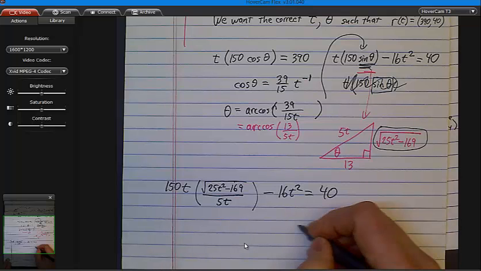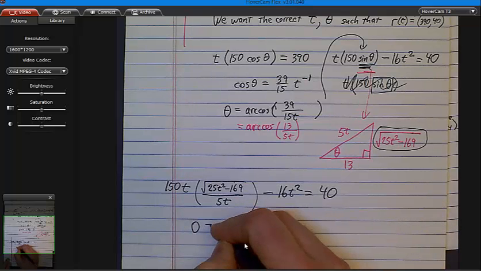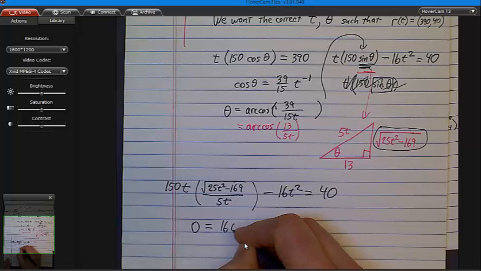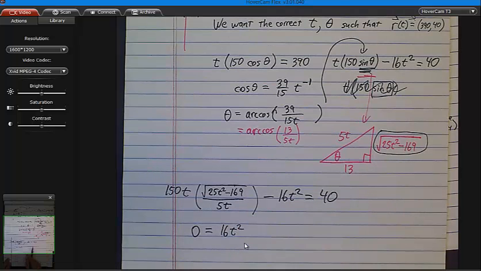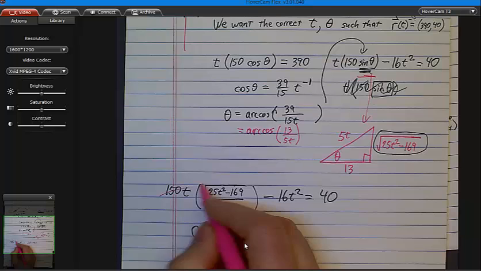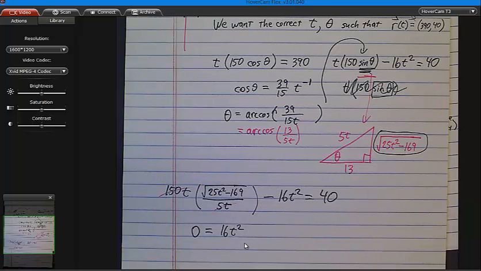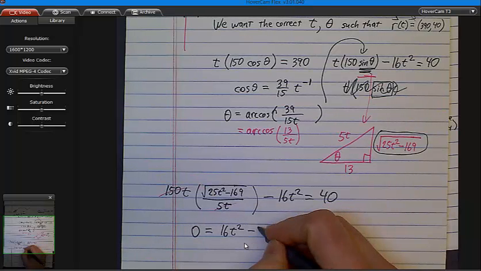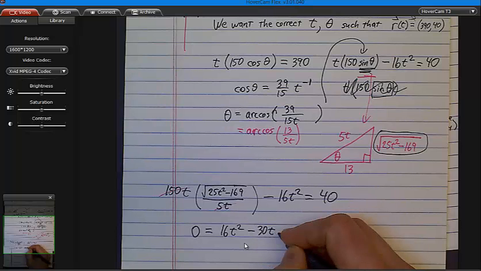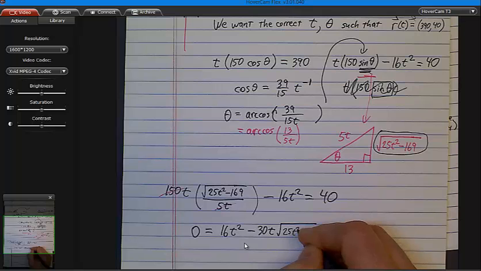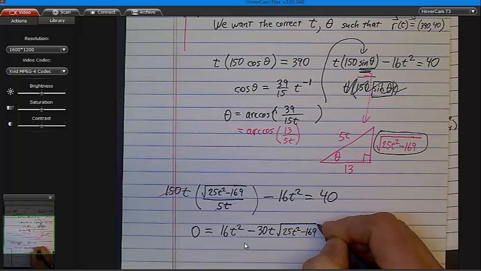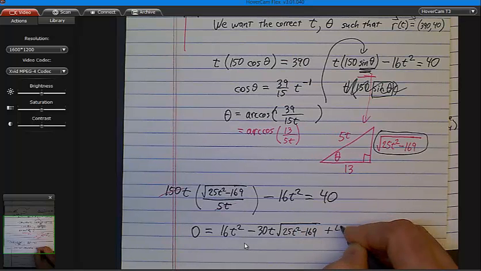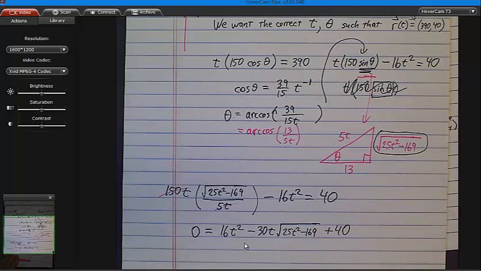And basically if I set this side equal to 0, I get 16t squared on this side. Over here there's some canceling that happens. And so I get minus 30t square root of 25t squared minus 169 plus 40. Wow.